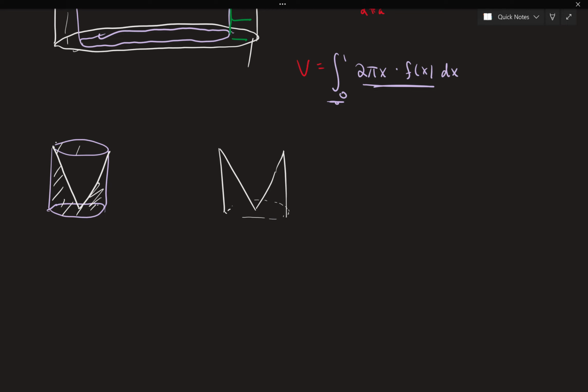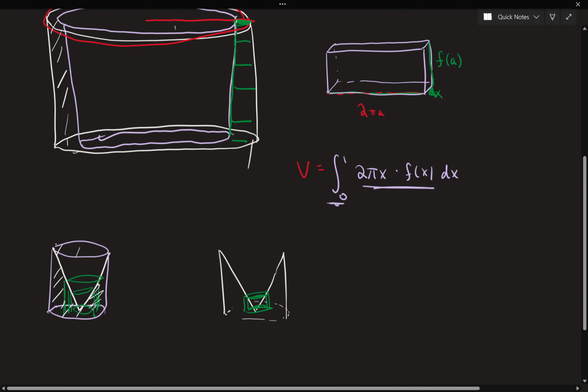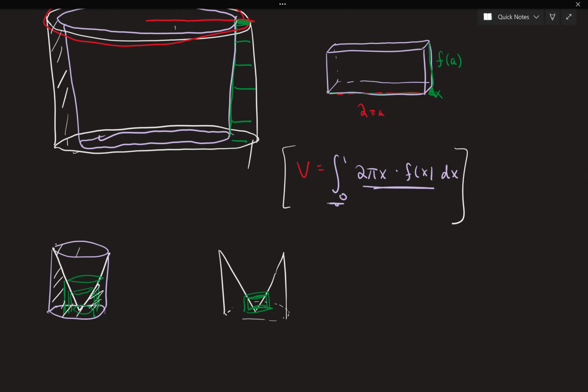The way I'm breaking it up is I'm slicing it sort of horizontally and taking a bunch of hollow cylinders and cutting up the volume that way. I encourage you to look at the book, which has much better pictures than I do. The book has nice printed computer generated pictures of this, if my drawing is too bad to help you understand it, but I hope you do understand it. That is where this formula comes from. And we're going to be using that in the next couple example videos.